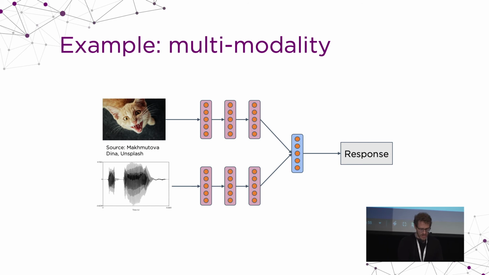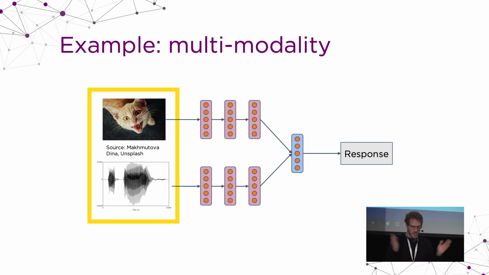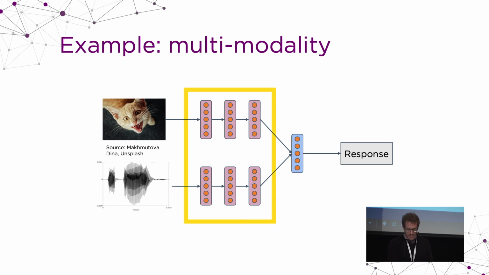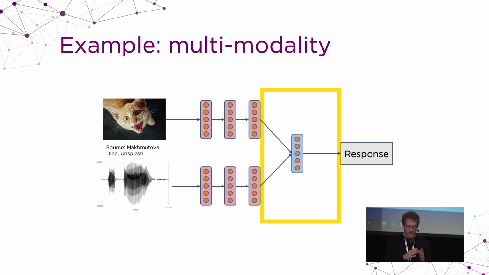As a simple example, here this encoder will encode my photo of a cat. Here this encoder will encode the audio related to it. Let's say my task is that in my apartment, I have cameras and microphones, and I want to predict what is in my apartment. So the response would be one of the many concepts I have in my dictionary. I can process these two modalities with these two encoders and merge the representations.